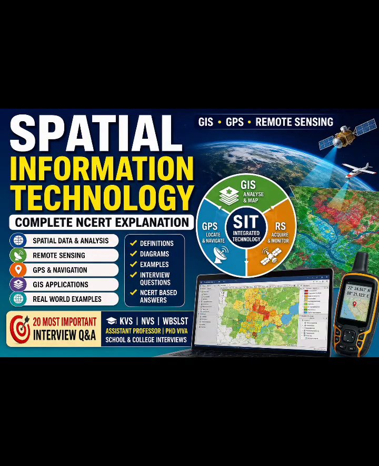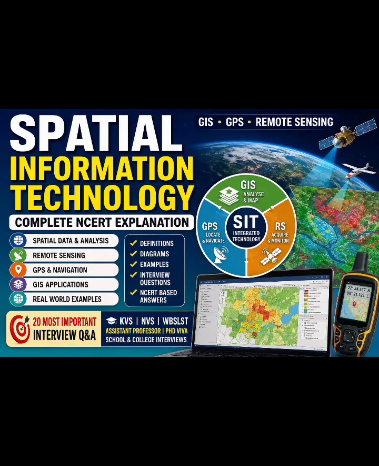It supports scientific planning and decision making by integrating spatial and attribute data. For example, while selecting a suitable location for a new hospital, GIS integrates information on population, connectivity and land use to identify the most appropriate site.